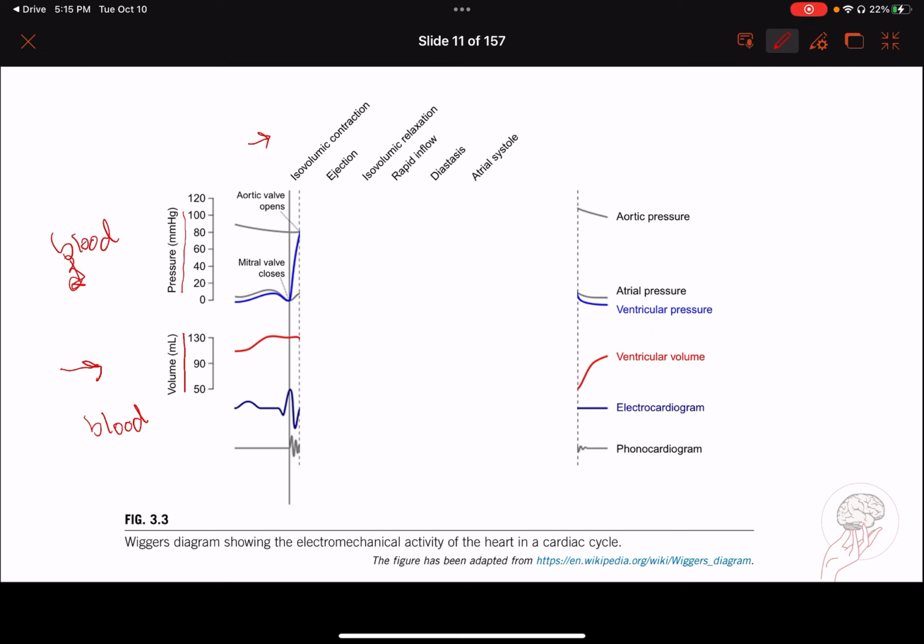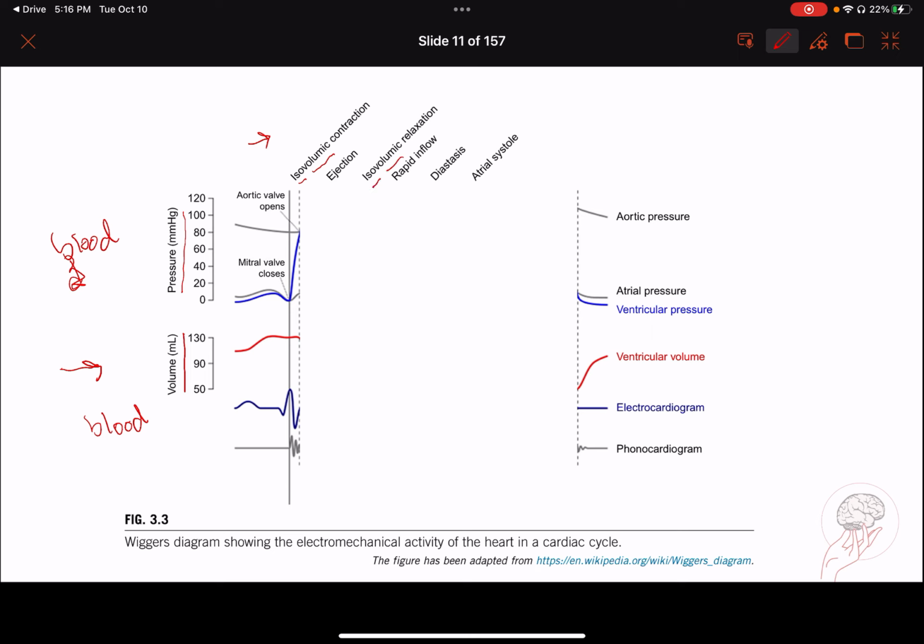Okay, now let's look at our x-axis. We have isovolumic contraction. Iso meaning same volume. So we're contracting, but we're not changing the volume. We have ejection, exactly what it sounds like. Something is being ejected somewhere else.